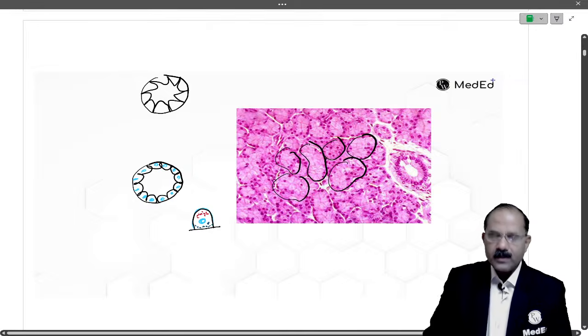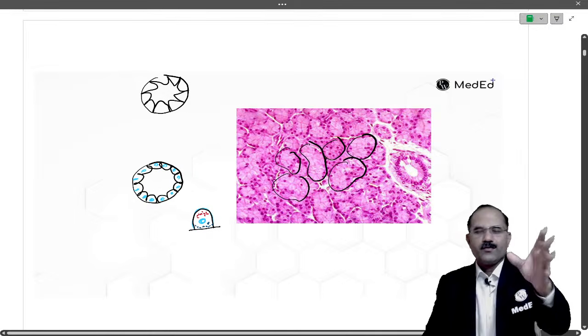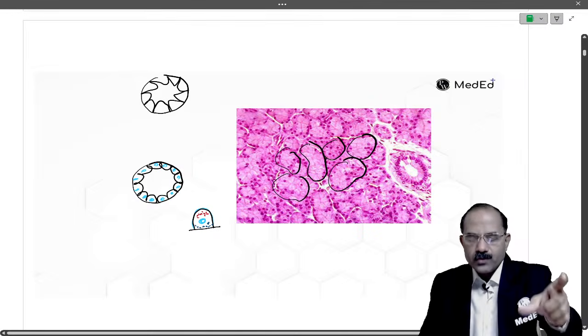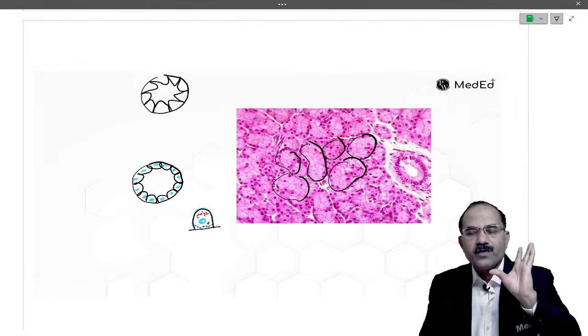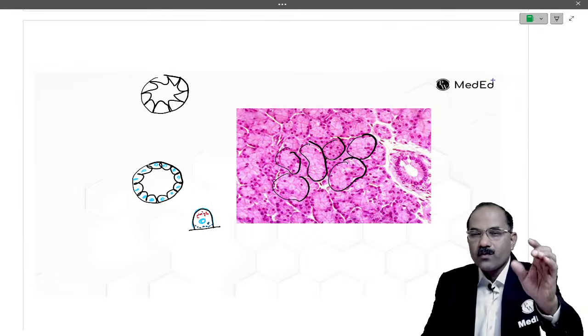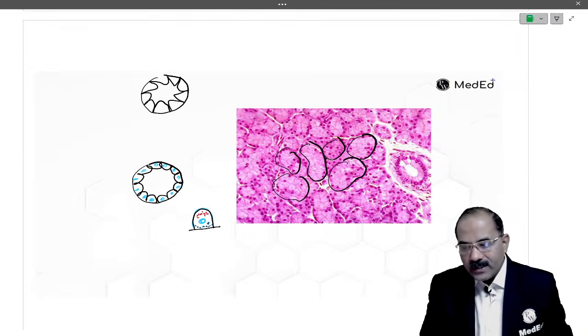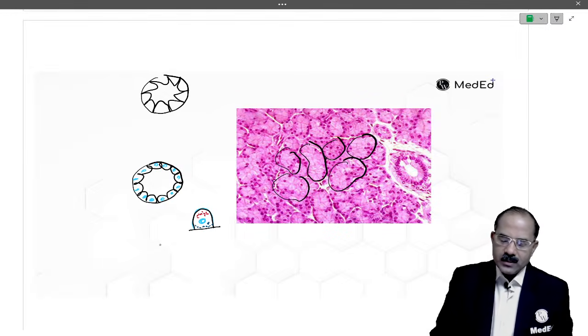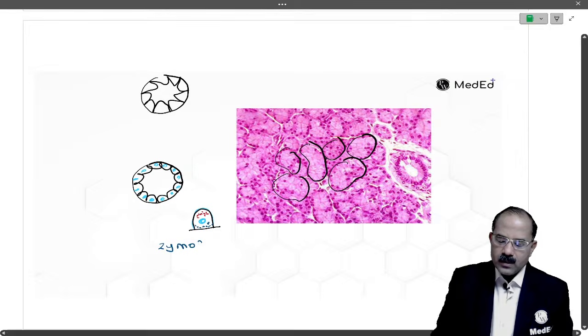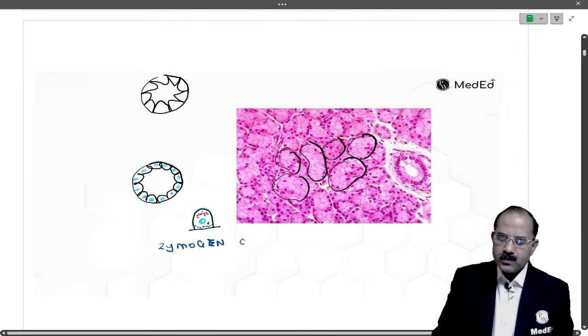This you have to know. Apical eosinophilia and basal basophilia, this is because of what? Can anyone tell me? It is due to the presence of zymogen granules.